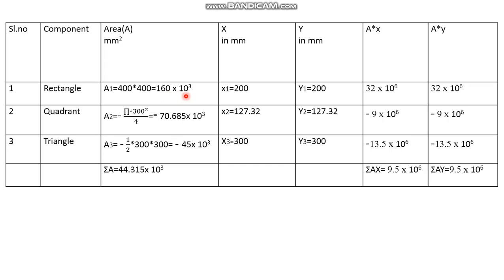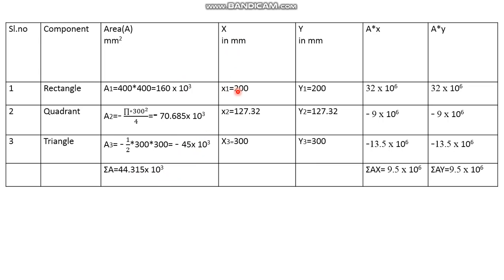So this is 160 into 10 power 3, and A2 is the quarter of the circle, so that is minus area because you are deducting that, pi r square by 4, so you'll get this. A3 is a right angle triangle, so half into base into height, half into 300 into 300. So the summation of this, 160 minus 70 minus 45, will give 44.315 in 10 power 3 only.